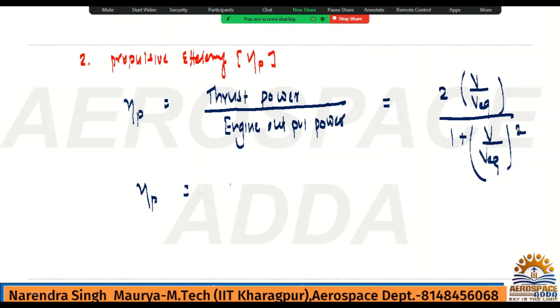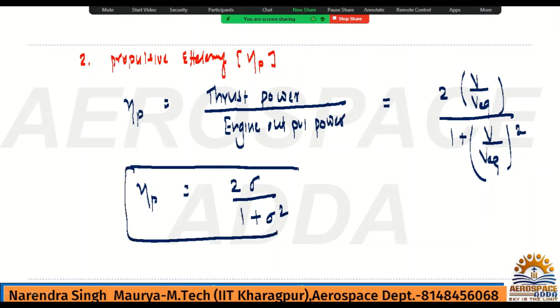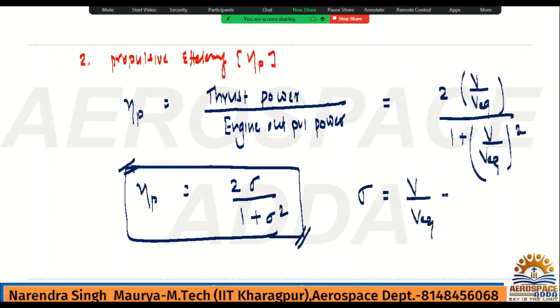So it is eta p equals 2 sigma divided by 1 plus sigma square. In jet propulsion it was 2 alpha divided by 1 plus alpha. What is sigma? It is nothing but the speed ratio, V upon V equivalent. This is called propulsive efficiency.